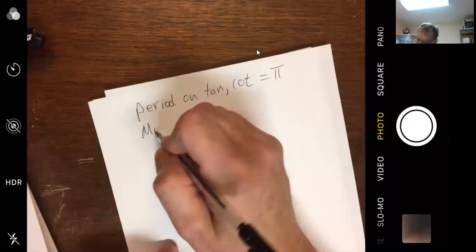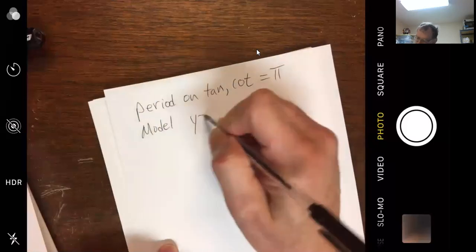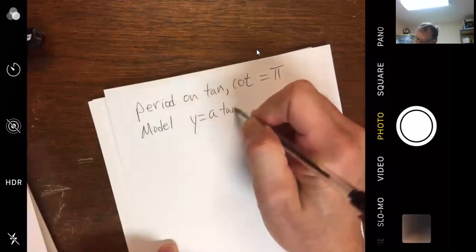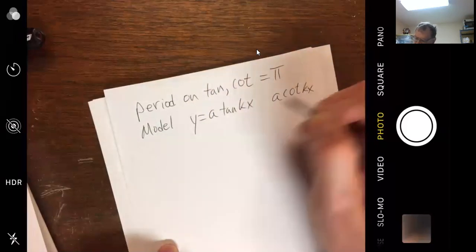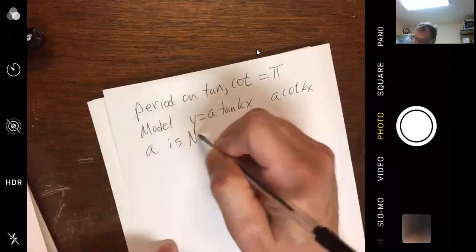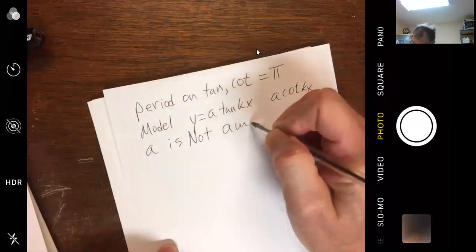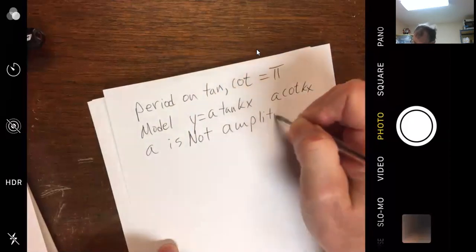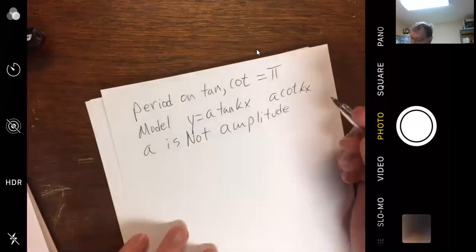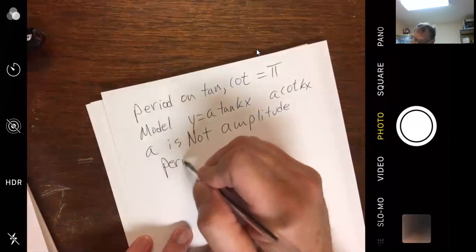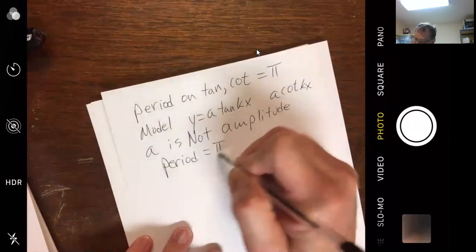On their model, y equals a tangent kx or a cotangent kx. Again, a is not amplitude. It just controls how wide or narrow the S curves are, but the period is pi over k.